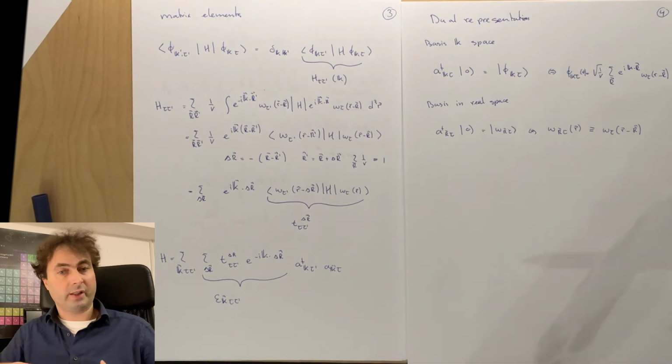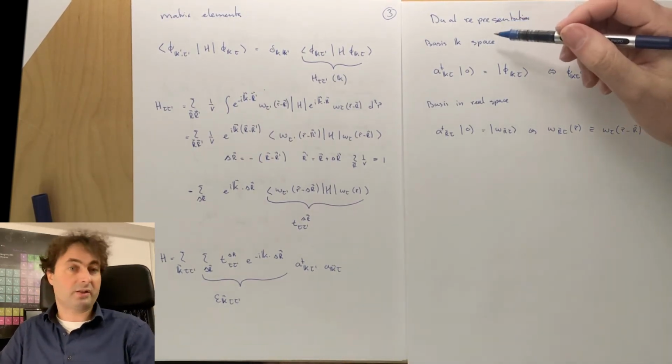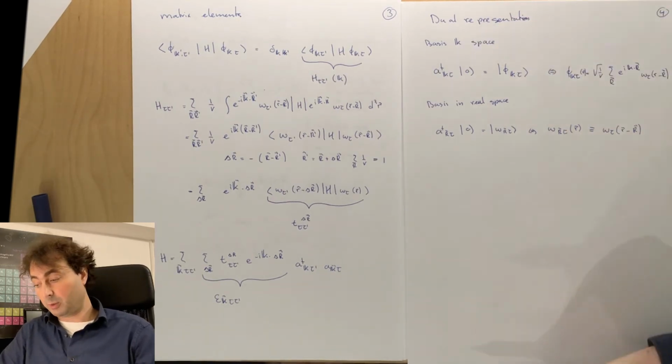We now do not have translation symmetry for any vector anymore, but only for a discrete set of lattice vectors. Therefore, instead of momentum, we have crystal momentum.